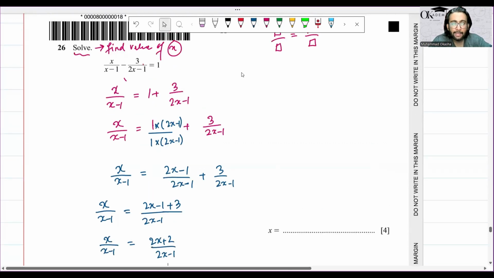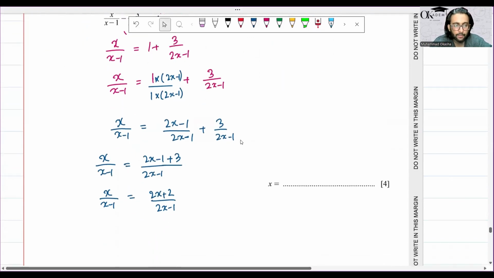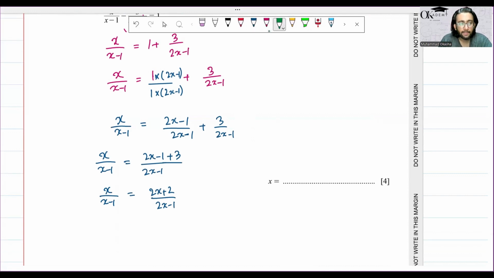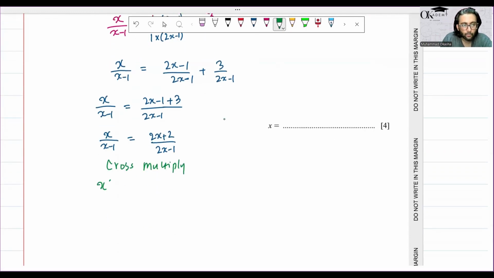Okay, so my ideal situation has been reached. I now have two fractions exactly on either side of the equation. So what I can do is something that I love doing: cross multiply. So x times 2x minus 1 equals 2x plus 2 times x minus 1.